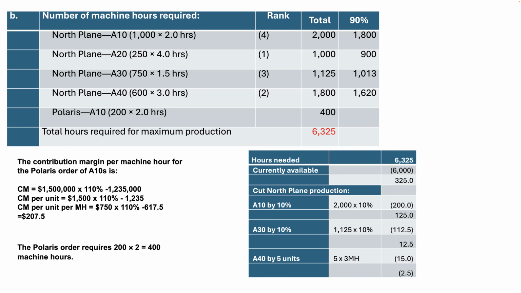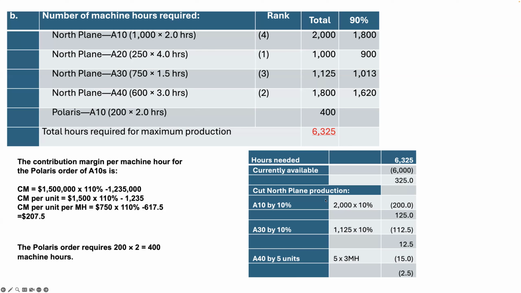We need 6,325 hours. Current capacity is 6,000. So we are short of 325 machine hours. How can we get this 325?